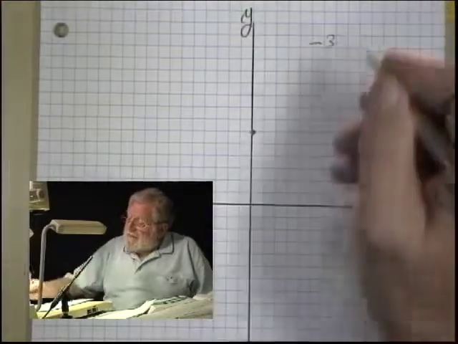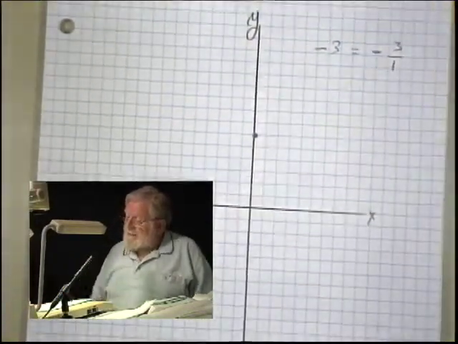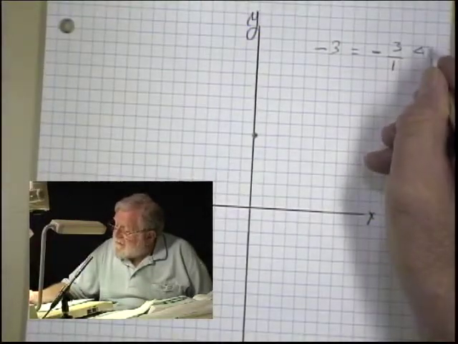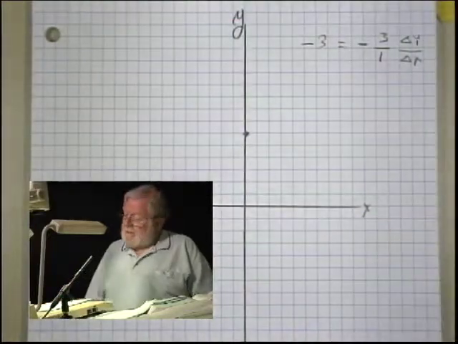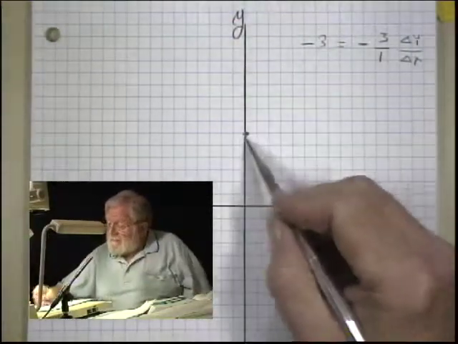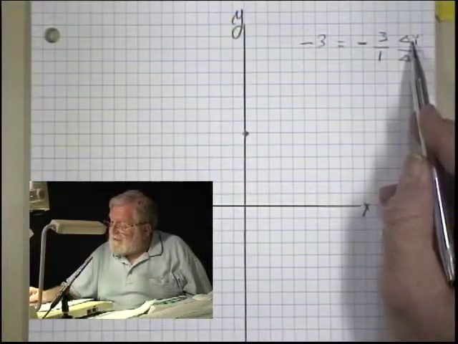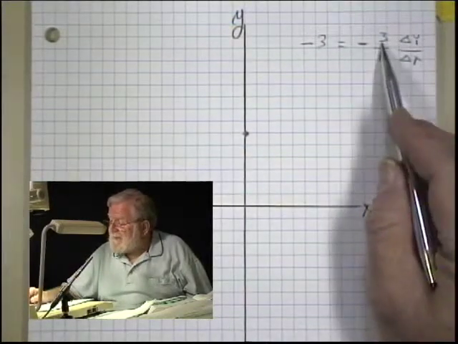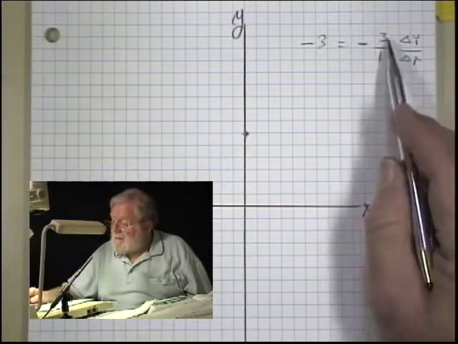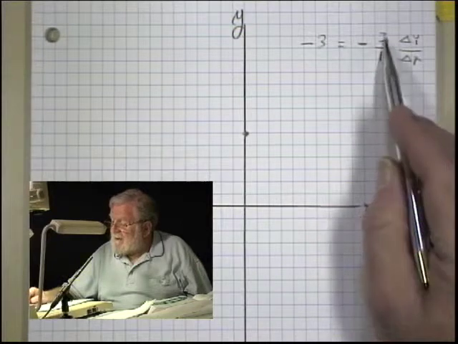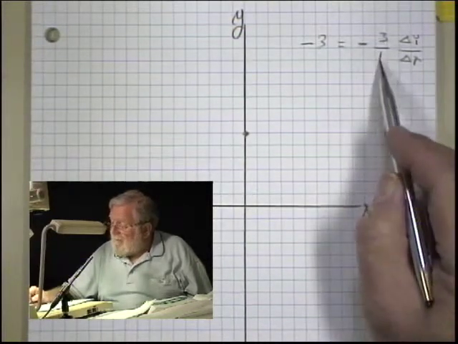A minus 3 is the same as minus 3 over 1, isn't it? So this is our change in y. This is our change in x. So if we were to draw this slope from this point here, one of these has to be negative. It can either be a negative 3 over a positive 1 or a positive 3 over a negative 1. Let's do it both ways. A negative 3 over a positive 1.